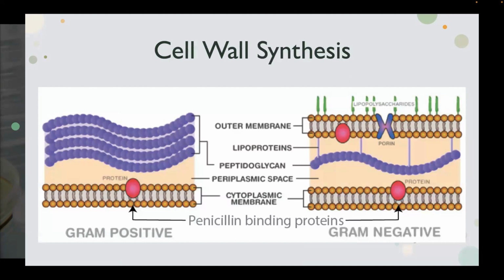Just so you know, the difference between the gram-negatives and the gram-positives is the way they build their cell walls. All of them have this lower cytoplasmic membrane with the periplasmic space and a bunch of peptidoglycans lined up against each other, and some lipoproteins here.